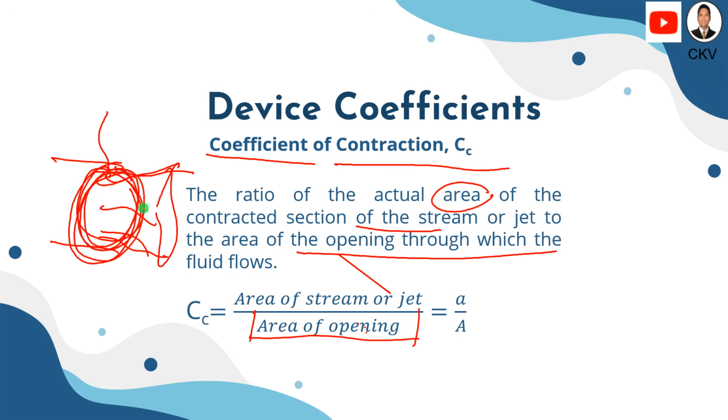It is due to some friction or other losses that would cause the fluid to have a cross-sectional area that is not equal to the opening of the pipe. So these are the coefficients that we can use in determining the actual flow rate, actual area of the stream or jet, and the actual velocity.